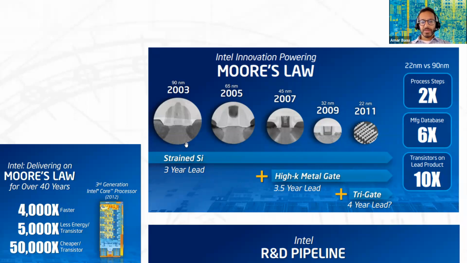Back in 2003, they started using strained silicon, a strained lattice, where they had some impurities in there to make the lattice a little bit different. I'll show you a little bit about that later. 90 nanometer processes down to 65 nanometers, 45 nanometers. By the way, these numbers are talking about the gate length, the length from the source to the drain of the transistor.